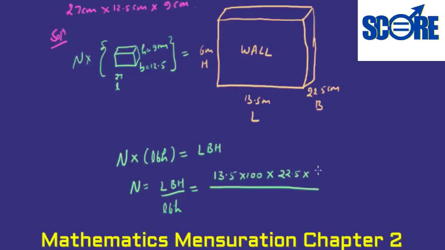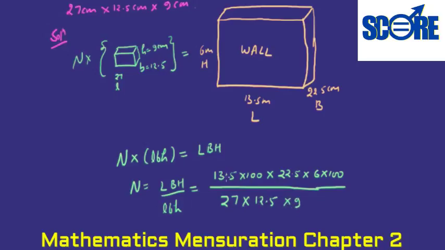The height is 6 meter, so we multiply with 100 to convert it into centimeter. Now it is divided by the volume of the brick. All the units of the brick are in centimeter, so there is no need to convert. So 27 into 12.5 into 9.